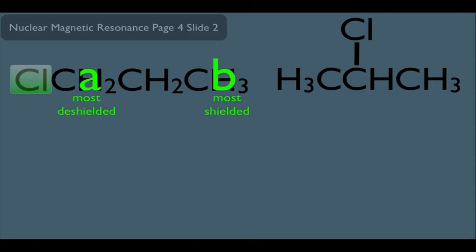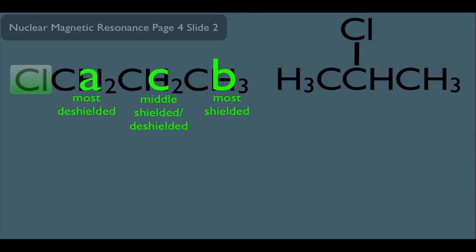And these hydrogens right here in the middle, we'll call them the C hydrogens. They'd be middle of the road, not as de-shielded as A, and not as shielded as B. Somewhere in the middle.